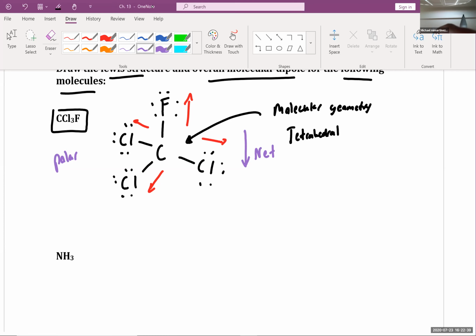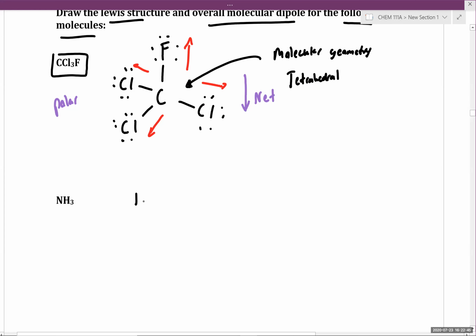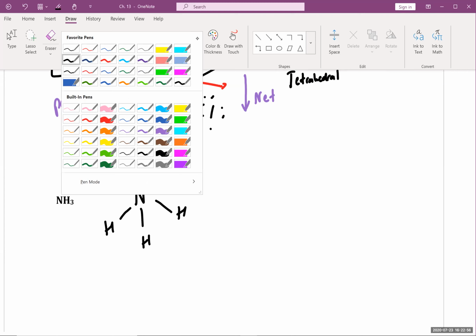Finally, looking at ammonia. Ammonia's Lewis structure looks something like this. Yes, the carbon-chlorine bond is polar. There's a difference in electronegativity.